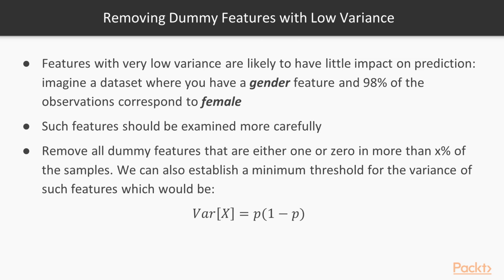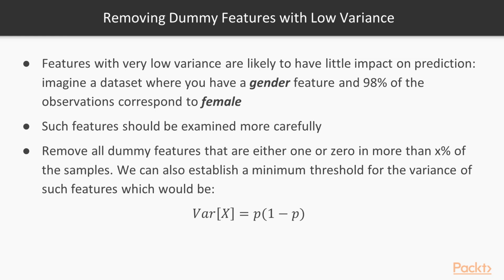Okay, so the first technique of feature selection that we will talk about is removing dummy features with low variance. As you know, the only transformation that we have been applying so far to our features is to transform the categorical features using the one-hot encoding technique.